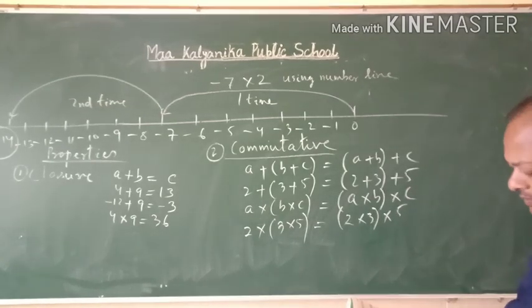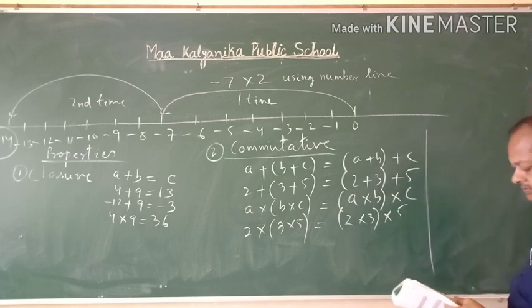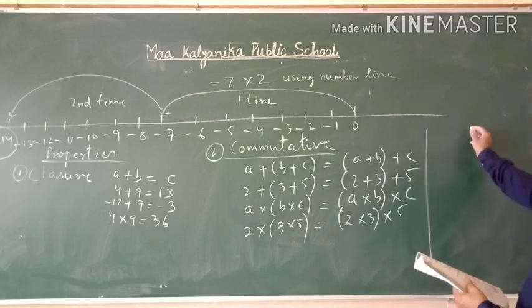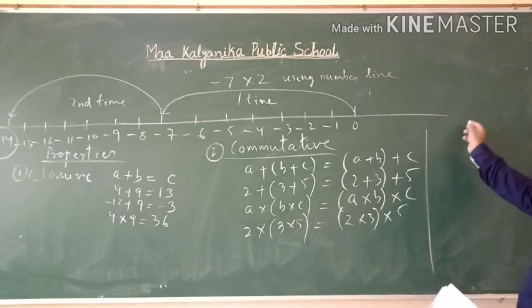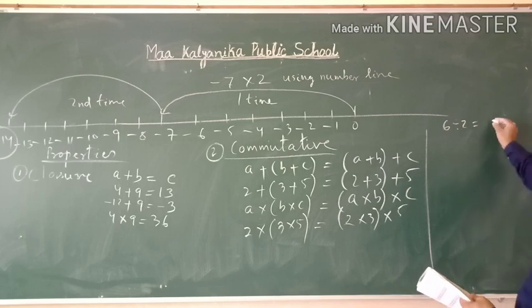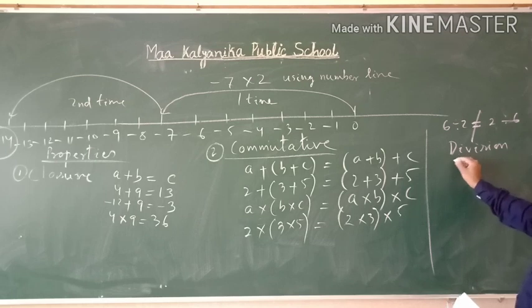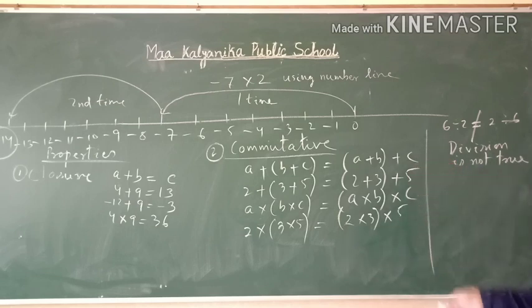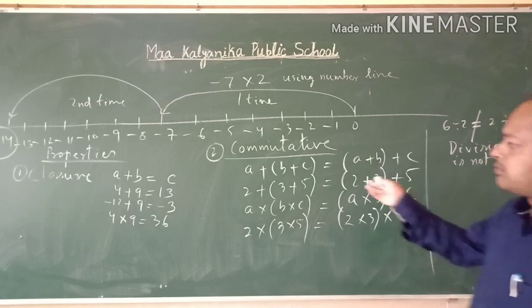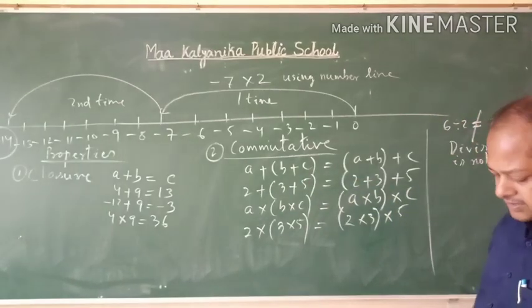In the case of division, it does not apply. For example, 6 divided by 2 is not equal to 2 divided by 6. Both are not equal, so division is not true for this property. So only the commutative property and closure property apply in the case of integers.